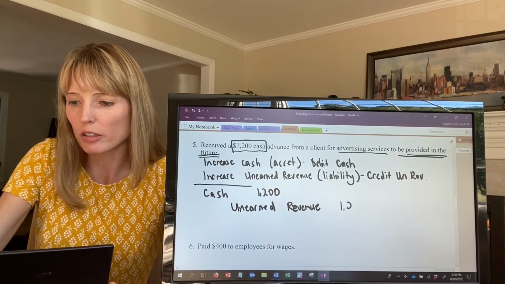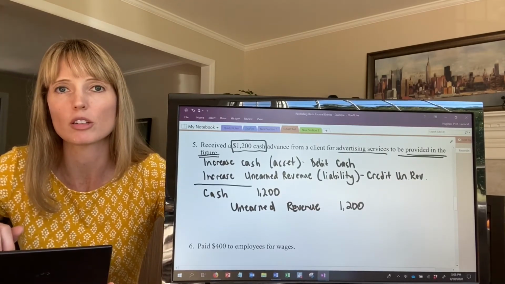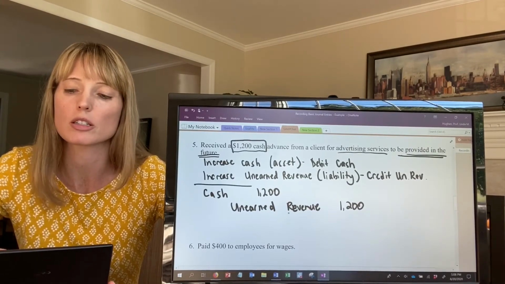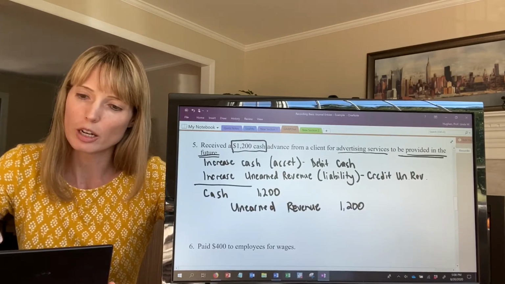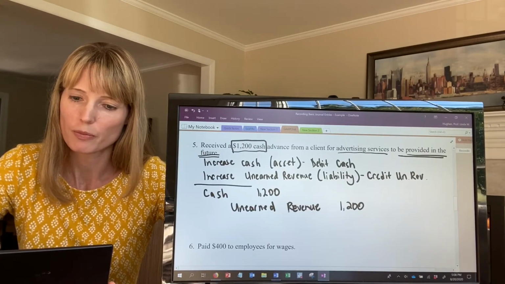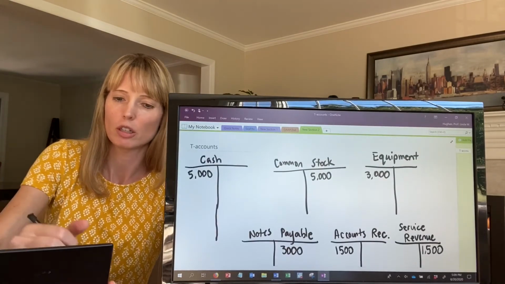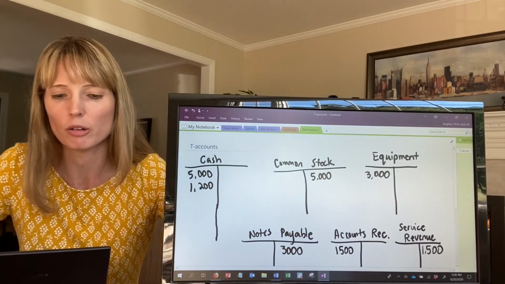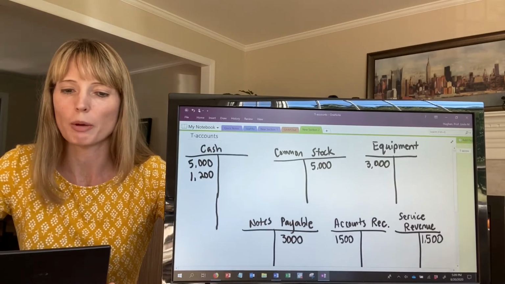True or false? Once this transaction is recorded, the income statement is affected. The answer to that, of course, is false, because this is not revenue, this is a liability. Okay, so we need to now post this journal entry. Cash increased $1,200. Remember, I have a cash ledger account. So I increased. So what's my balance in cash now? Remember, the journal entry is a change to balances.